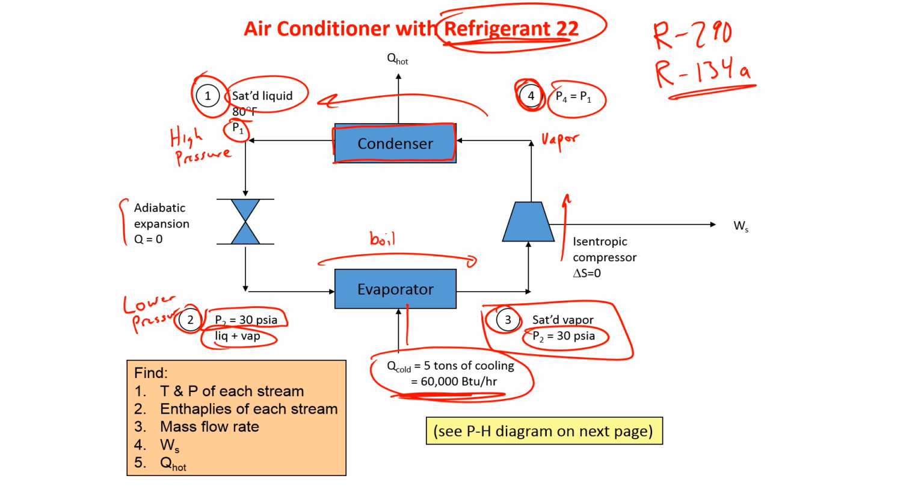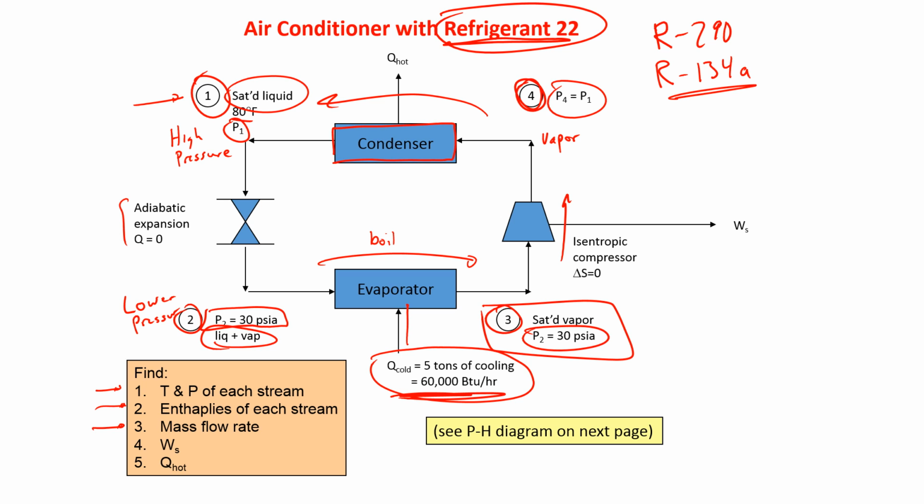So this is a refrigeration cycle. These four different streams, with different temperatures and pressures and enthalpies. But what we want to do first of all is just calculate the temperature and pressure of each stream, also the enthalpies of each stream.